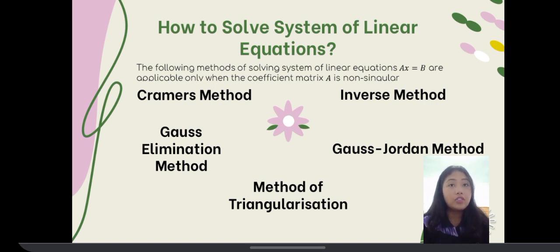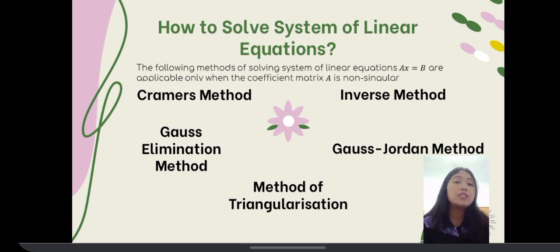Third is the Gauss-Jordan method. The purpose of the Gauss-Jordan elimination method is to use the three elementary row operations to convert a matrix into reduced row echelon form. The Gauss elimination method consists of a sequence of operations performed on the corresponding matrix of coefficients.